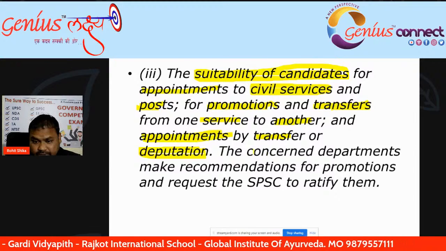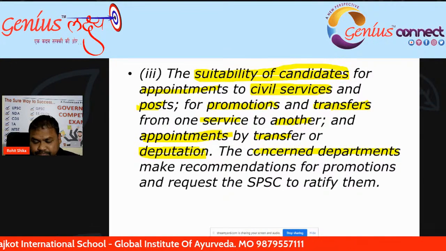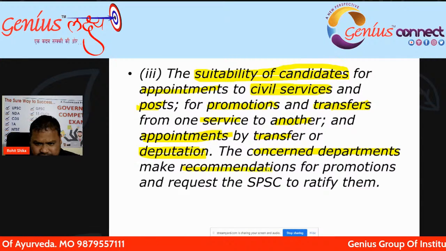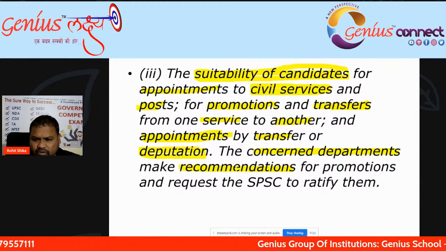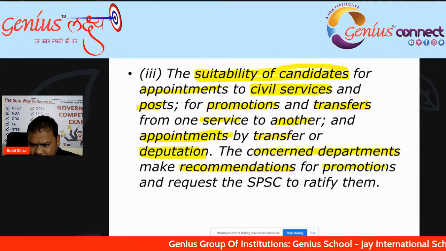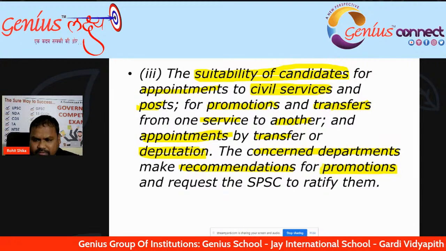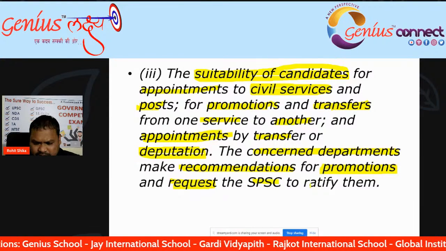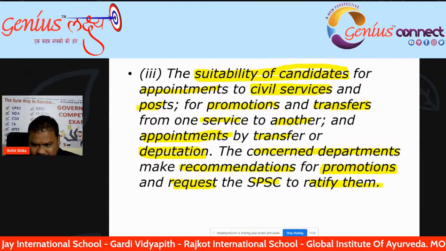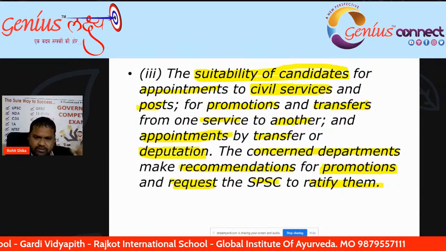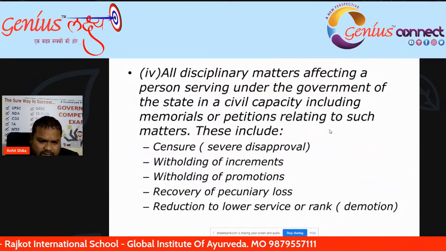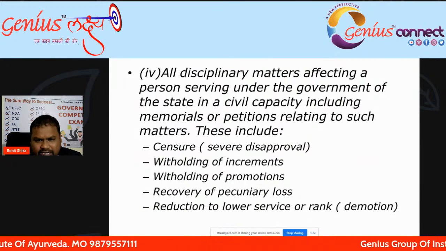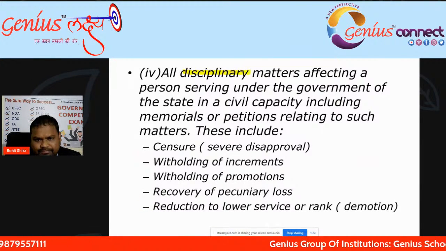The concerned departments make recommendations for promotions and request the State Public Service Commission to ratify them. And also the State Public Service Commission is responsible regarding the disciplinary matters.